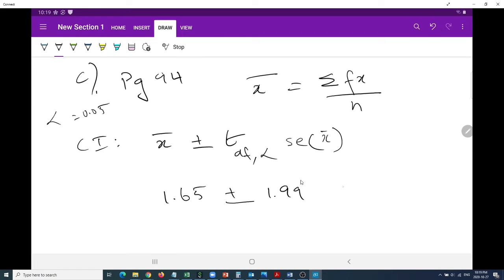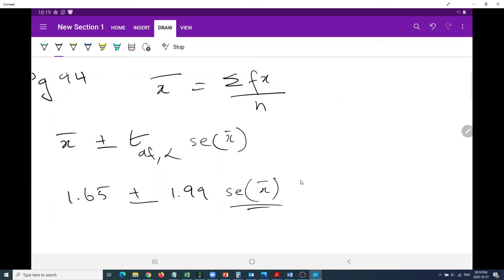Okay. And then you need to find out the standard error of x bar. This is the tricky part in this question. The standard error of x bar is going to be the standard deviation divided by square root of n, right? It's s by square root of n. And this s is going to be the formula on page 98.